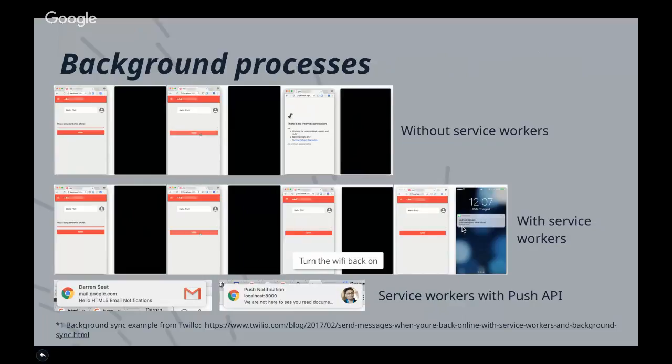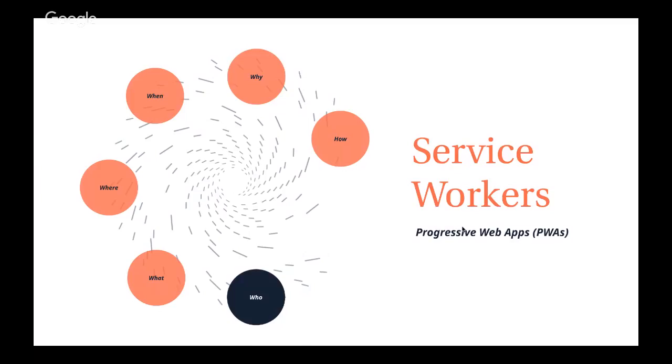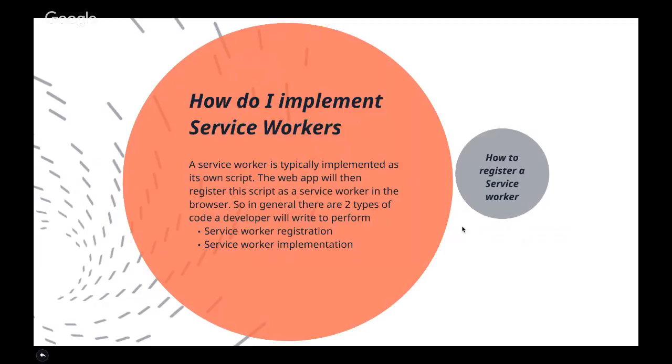So these are additional tools or additional features that you could build based on PWAs and service workers. Okay, next, let's look into how service workers are implemented. So for service workers, I would break the code into two different responsibilities or functions.